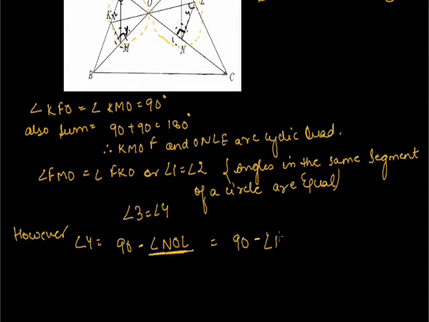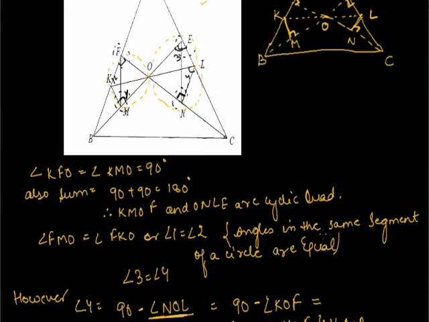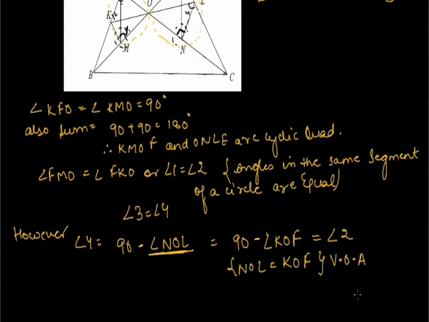So I can write it as KOF, because NOL is equal to KOF. They are equal because they are vertically opposite angles. और ये हमारा क्या बन गया है 90 माइनस KOF. तो ये मेरा एंगल 2 फॉर्म हो चुका है. So I'll be writing it as angle 2.